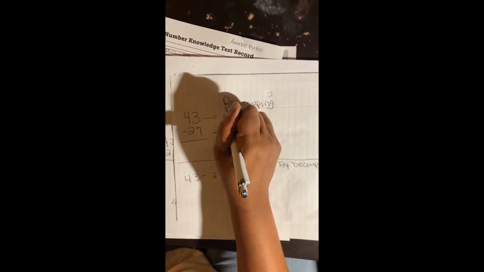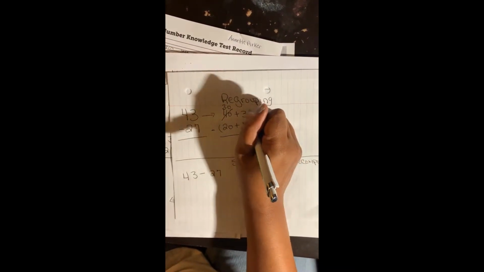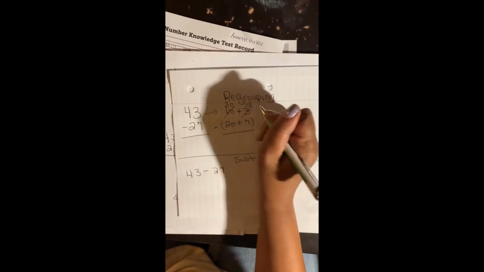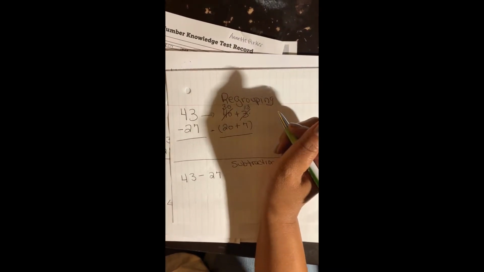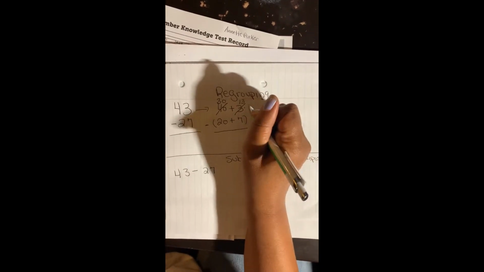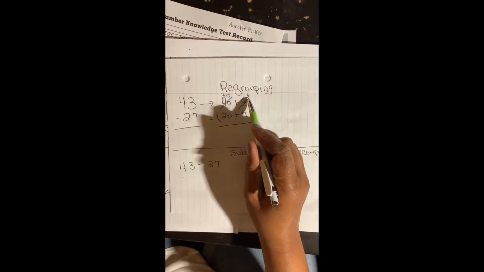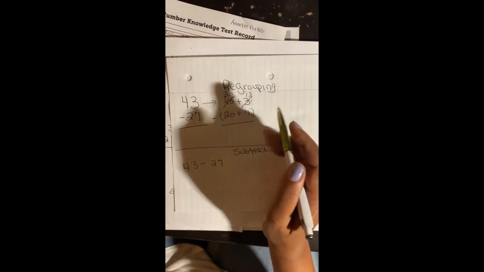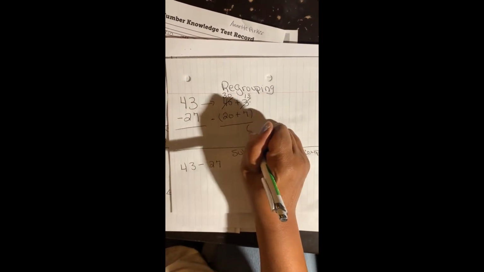This becomes a 30, and now this becomes 13 ones. So now we can say that 13 take away 7 will give us 6.